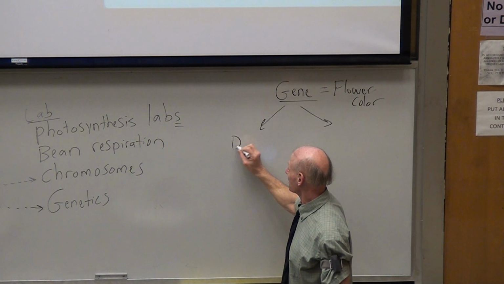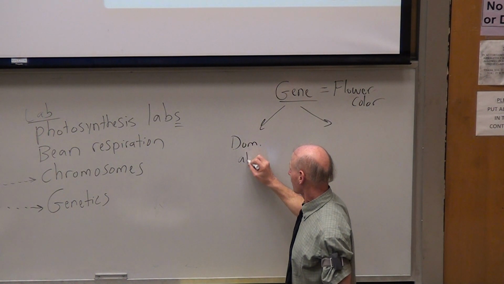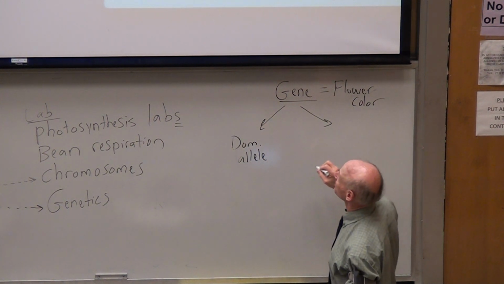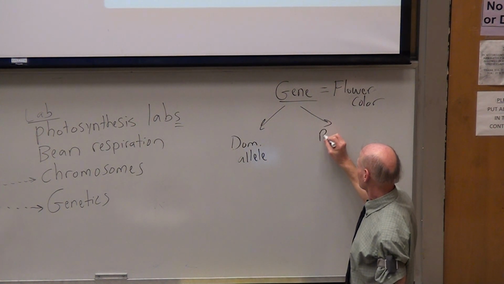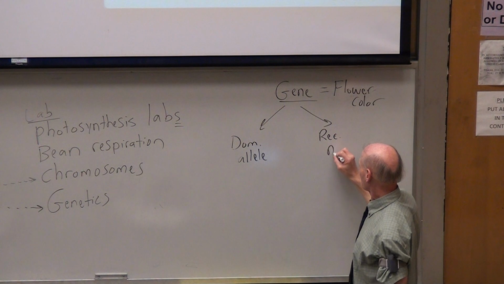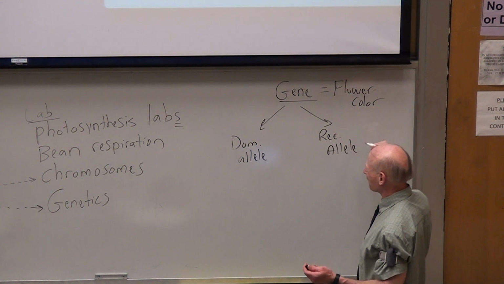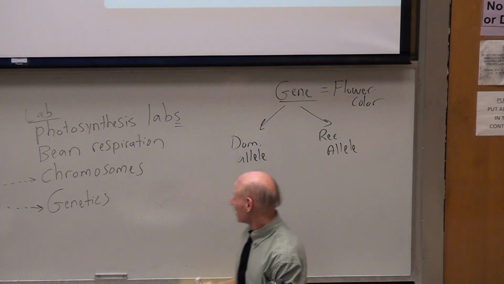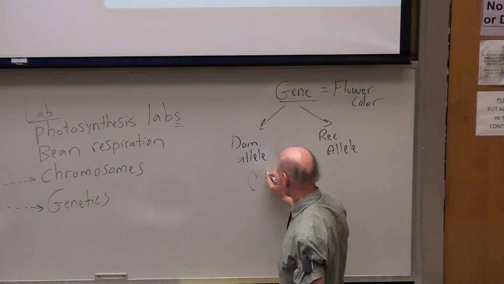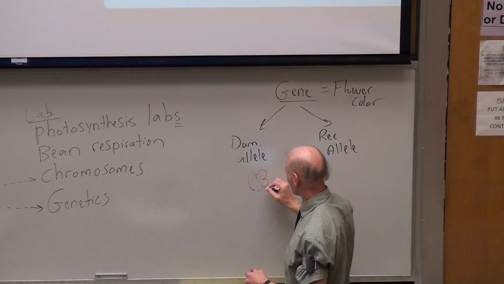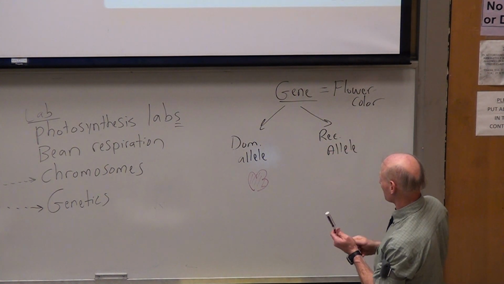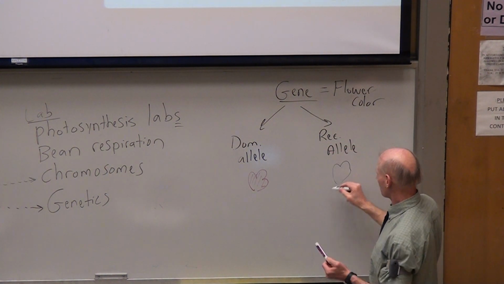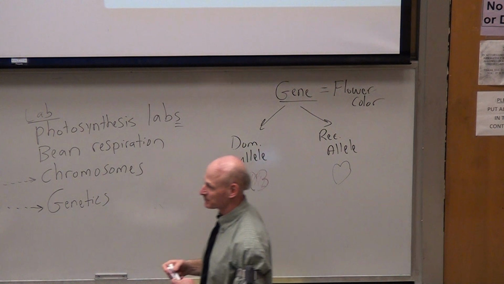There's what's called the dominant allele, and there's what's called the recessive allele. And for the flower color gene, it happens that the dominant allele was the one that gives purple flowers, and the recessive allele was the one that tries to give the plant white flowers.